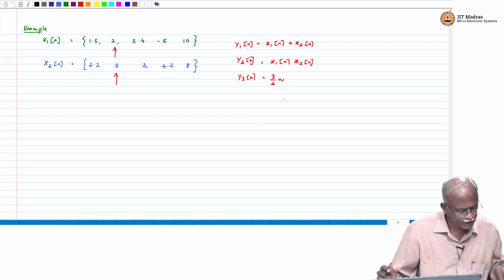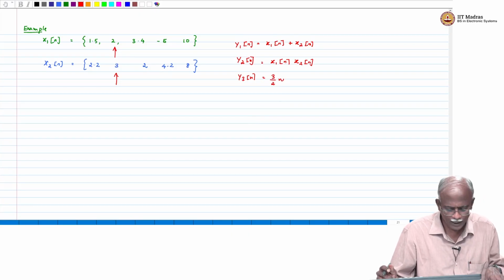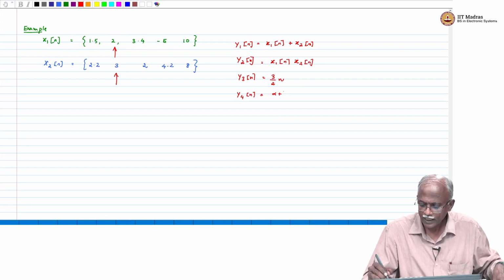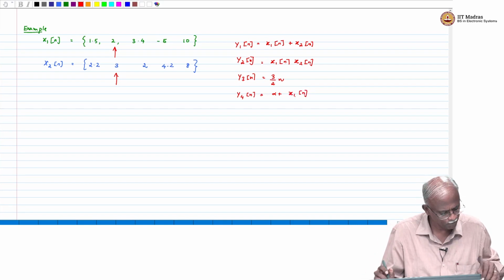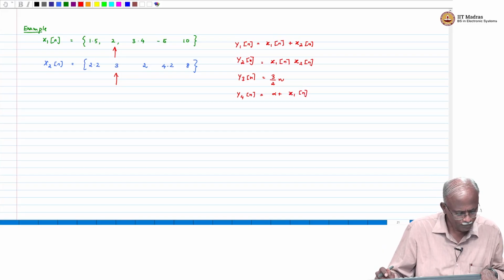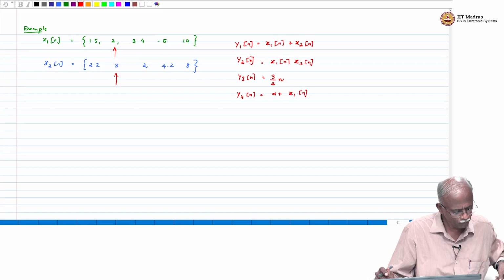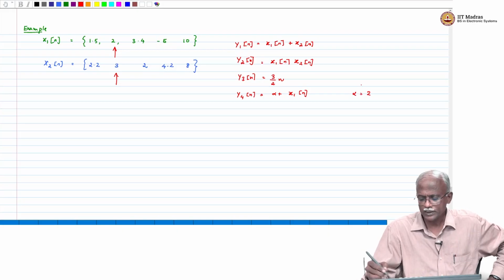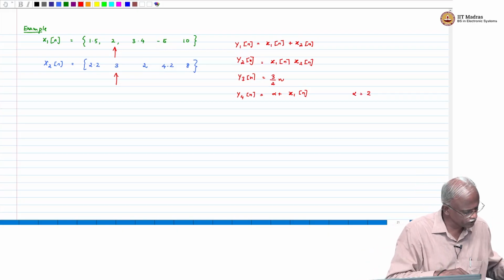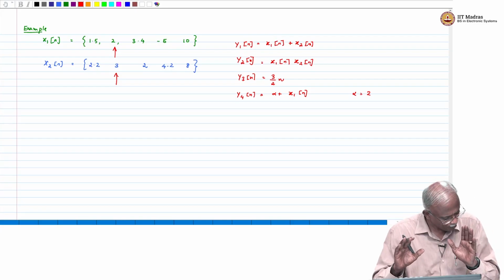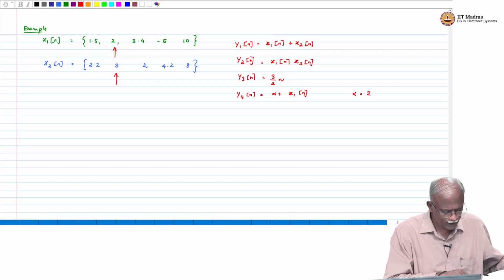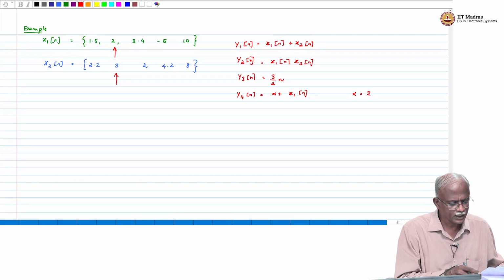And the last one will be an additive one, y4 of n equal to alpha plus x1 of n. I would like you to find out, if let us say alpha equal to 2, what the corresponding values are going to be. So again, basic operations useful for us in terms of the various things that we can do with the signals.